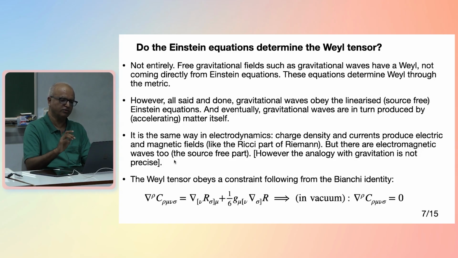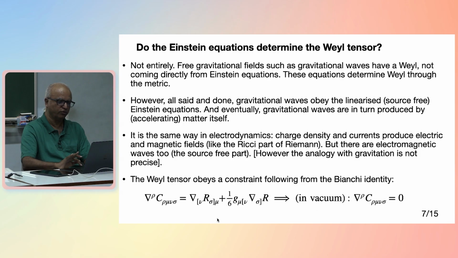Of course, the analogy with gravitation is not precise because gravitation is producing Weyl also. Weyl is produced by gravitational waves and also by matter, so there is a difference from electromagnetic waves. I hope you see that. The Weyl tensor obeys a constraint equation following from the Bianchi identity, which is like this.